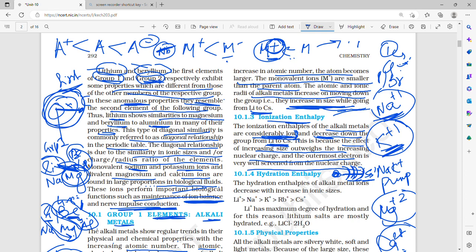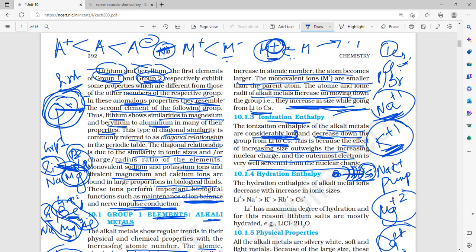Therefore, even though the nuclear charge increases down the group, the size increases more by comparison. So hence the force of attraction decreases and it is very easy to remove the outermost electron.